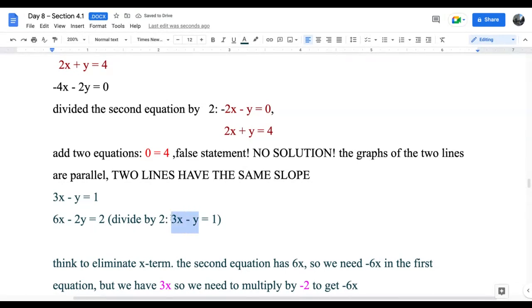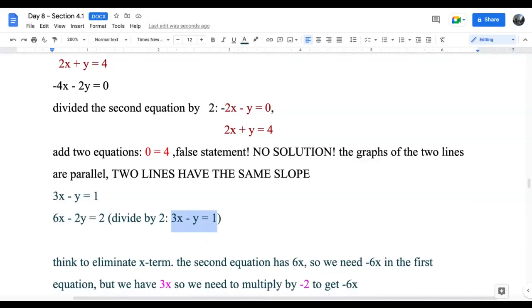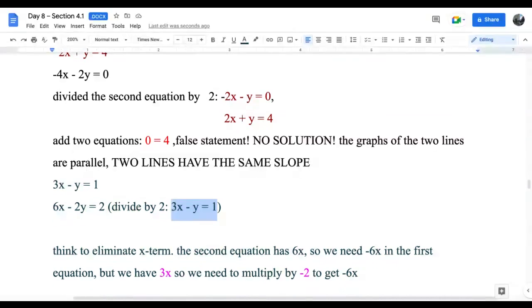This is exactly the same as the first equation. If we keep solving, we will get 0 equals 0 or 1 equals 1. We get a true statement because those two lines are exactly the same line. So when we draw a graph, we draw the first one, and the second one is on top of it.